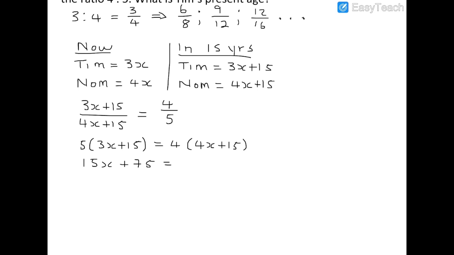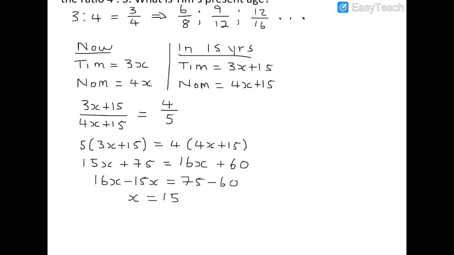And this will be equal to 4 times 4, 16x. And 4 times 15, which is 60. Take the 15x that side, the 60 that side, and we end up with 16x minus 15x is equal to 75 minus 60, and we get x is equal to 15.